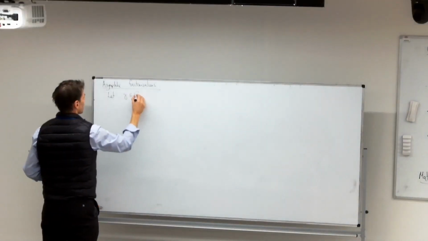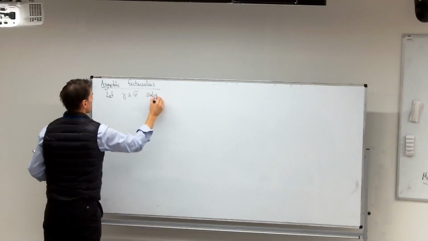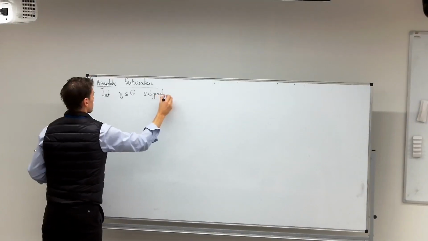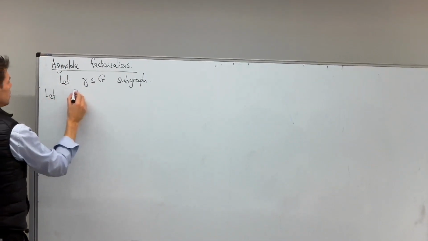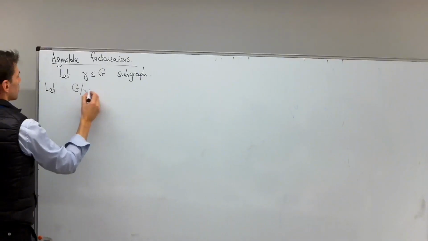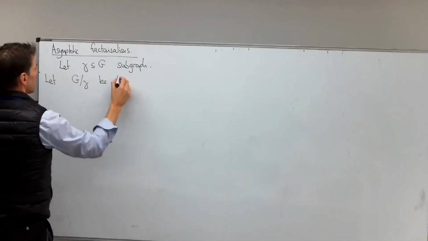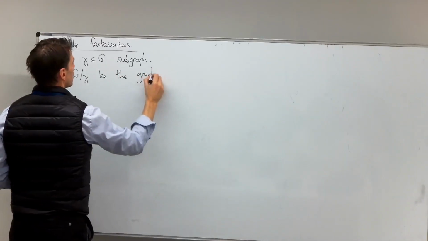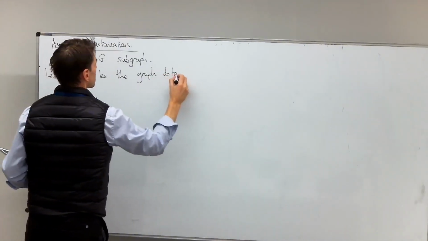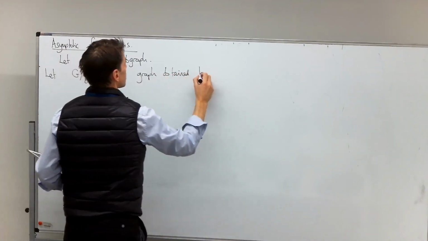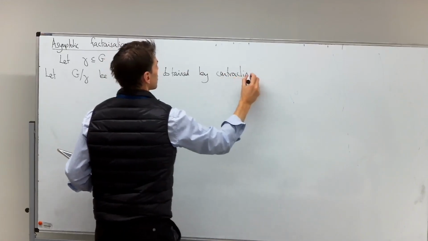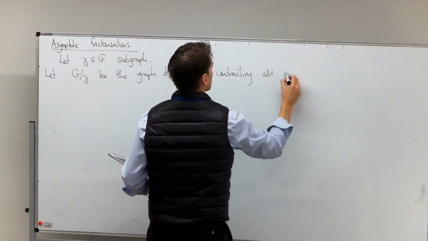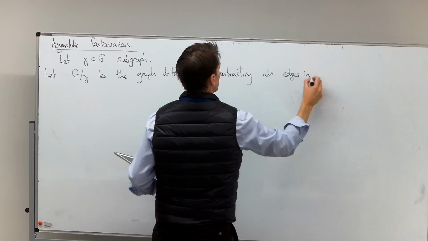So now we take any subgraph gamma of G, and let G mod gamma be the graph obtained by contracting all edges in gamma.